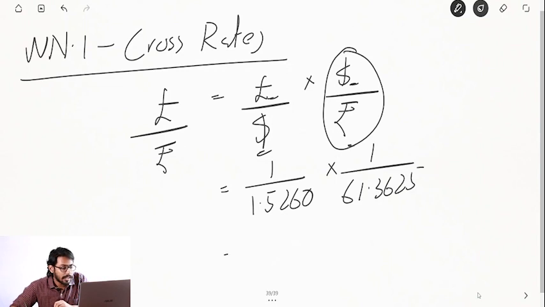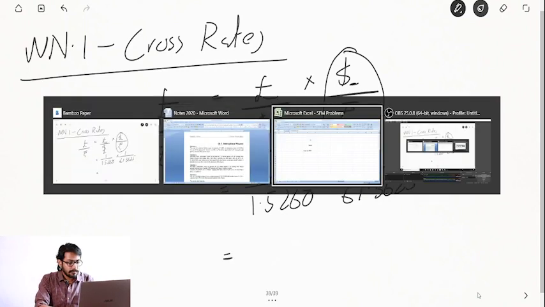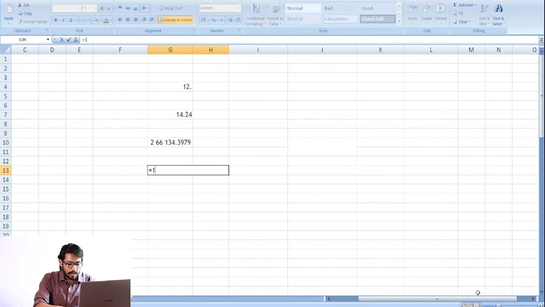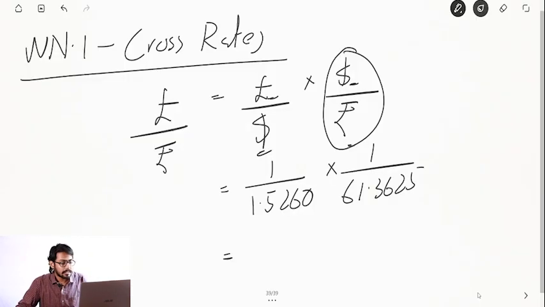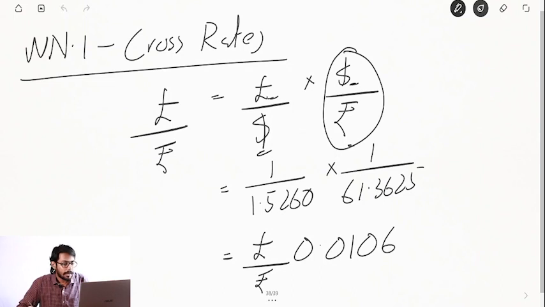You will get 1 divided by 1.5260 divided by 61.3625, which is 0.0106. You will get pound by rupee 0.0106.